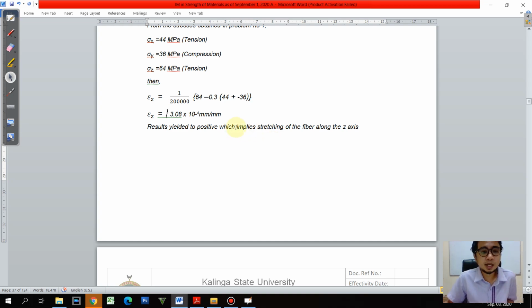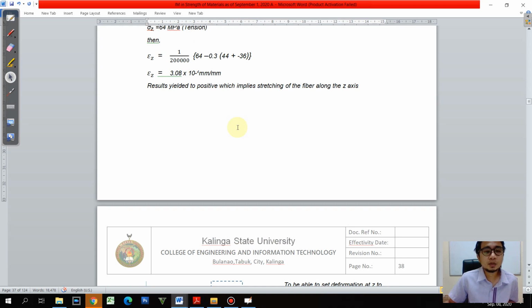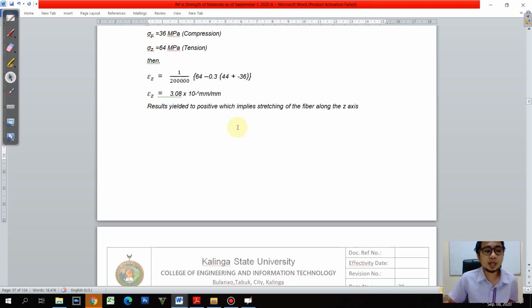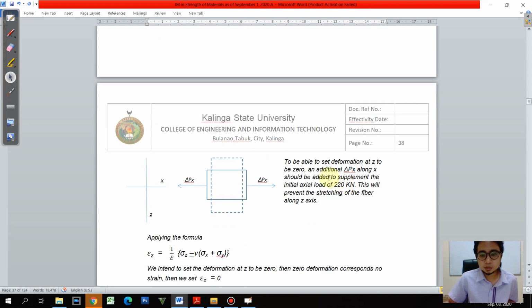So, where do you apply the force so that it goes back? An additional delta Px along x should be added.